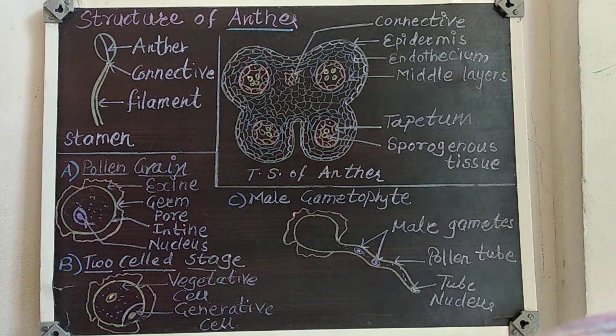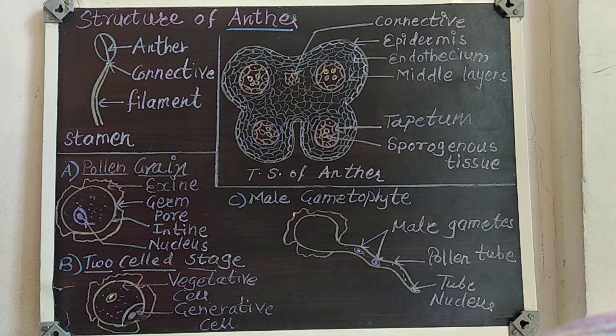One is sporophyte, which is a dominant generation, undergoes meiosis to produce haploid spores. Those haploid spores undergo germination and they produce the gametophytic generation that develops inside the flower only. Gametophytic generation is a haploid one that produces male and female gametes.